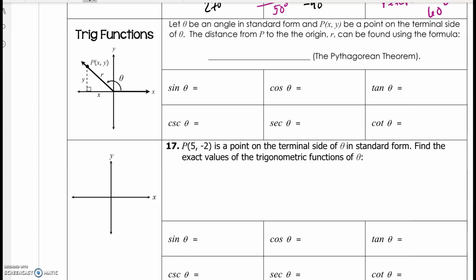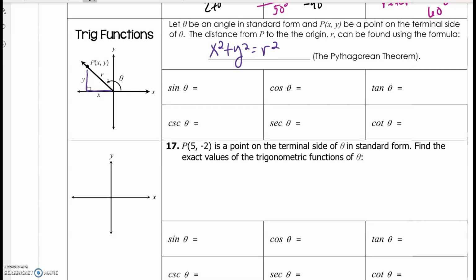Eventually we'll make a full 360 circle here, but if I want to know the radius, since this is a right triangle, this is my y distance, this is my x distance. So all I've got to do is x squared plus y squared equals r squared.